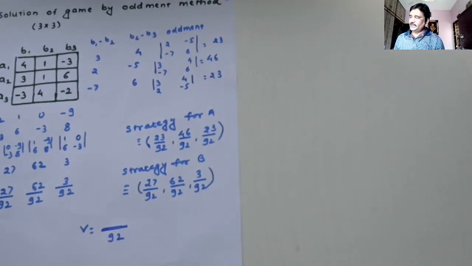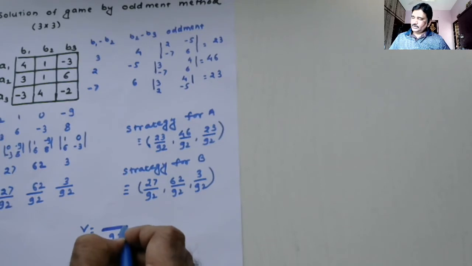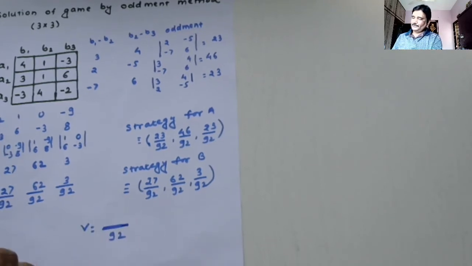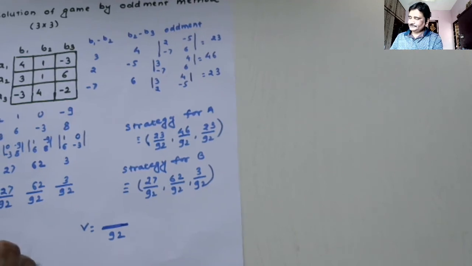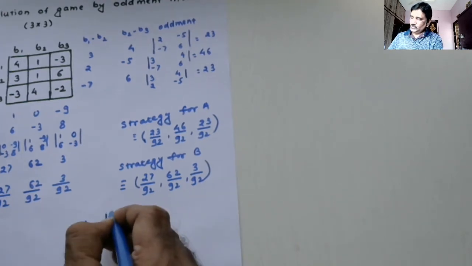23, that will be making 69 by 92 plus 23 into 4. 23 into 4, 24, 6 and 7. 23 into 7. 161 by 92.